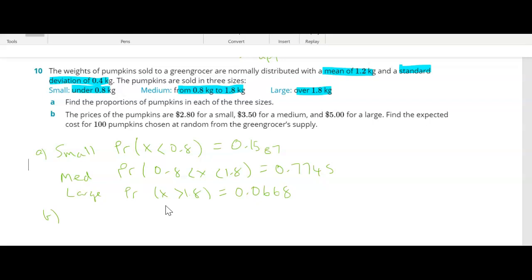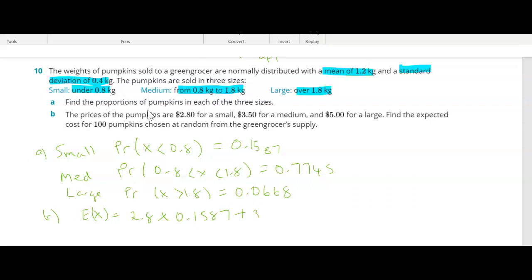The prices of the pumpkins are $2.80 for a small, $3.50 for a medium, and $5 for a large. Find the expected cost for 100 pumpkins chosen at random from the greengrocer's supply. All right, so your expected value, we've got $2.80 times 0.1587.